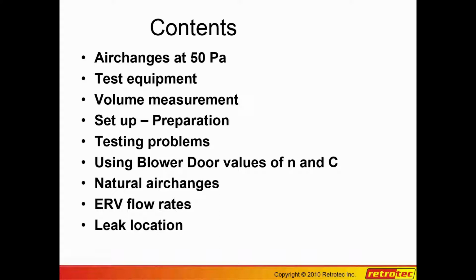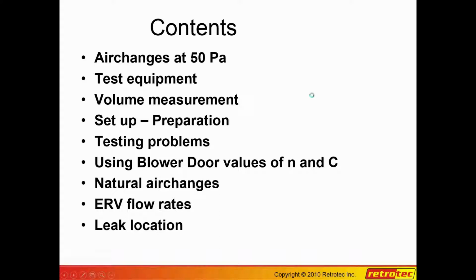What's cool about the door fan measurement values that we make, Airchanges, is, apart from the pascals, which we all use, it's almost a unitless measurement, just per hour. So it's the same no matter whether you're measuring flow in CFM or cubic meters per hour or liters per second. 0.6 Airchanges is based on the volume of the house, and we'll get into that in a moment and describe that.